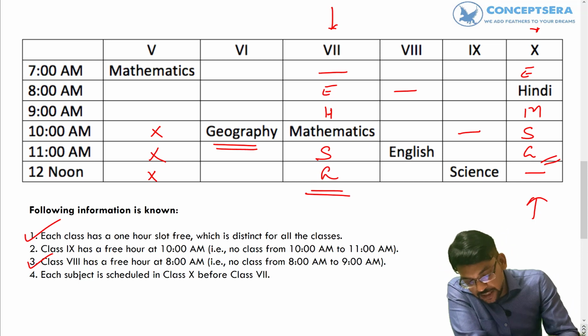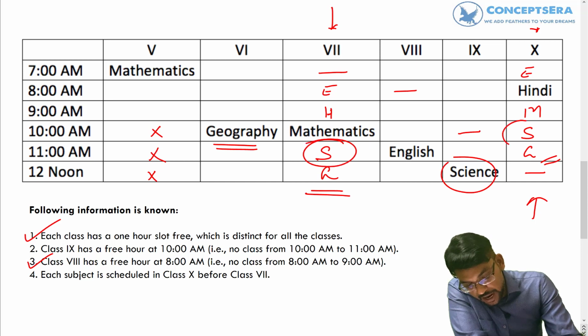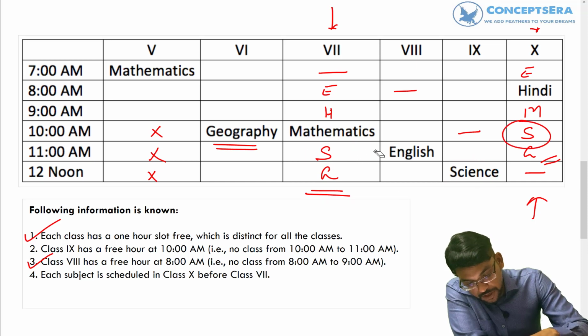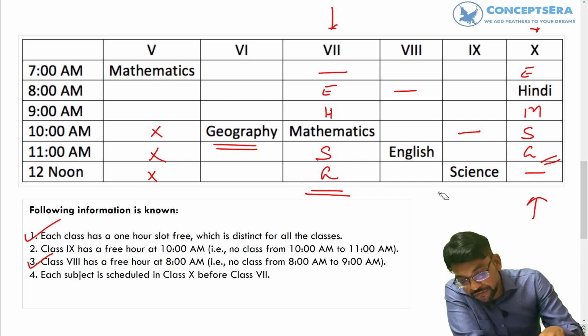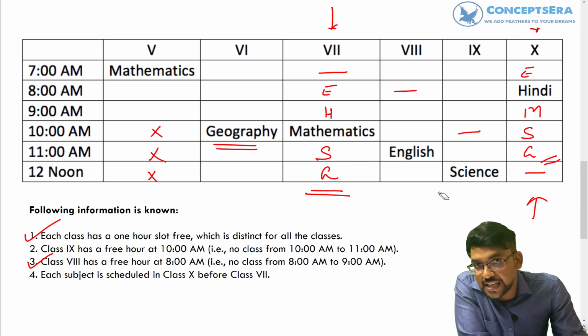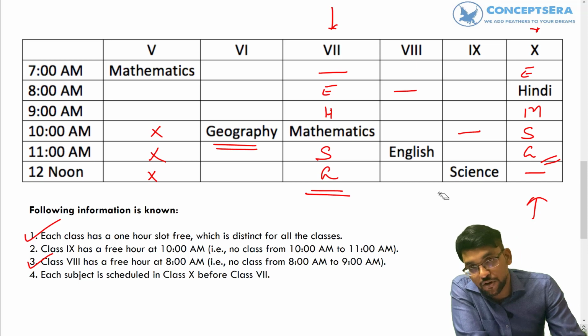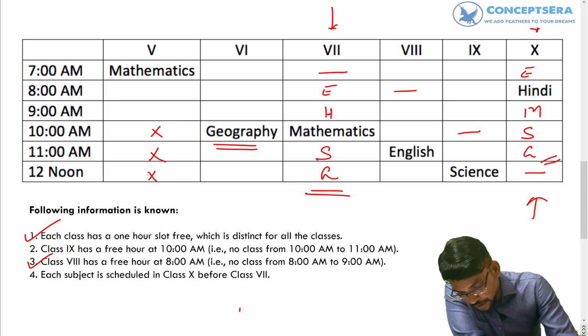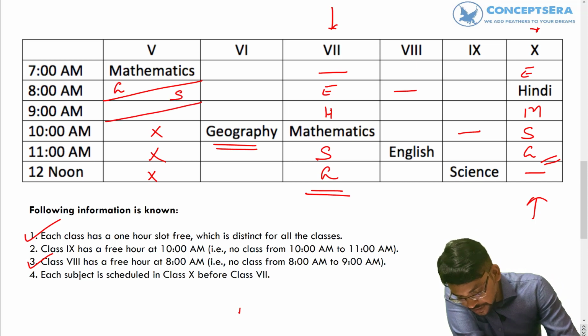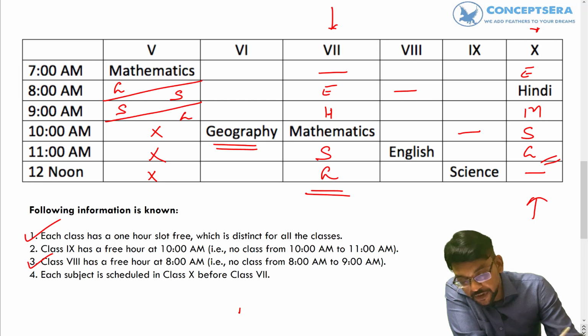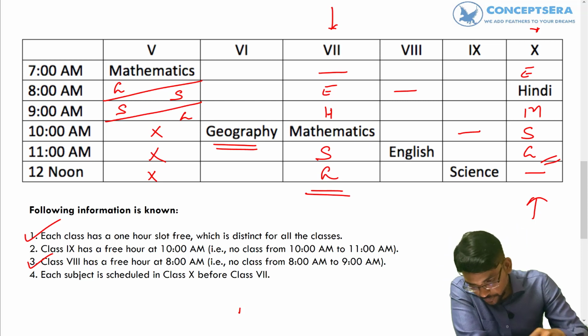Similarly, science also cannot happen because science is happening at these three positions. So for 5th class, geography and science are supposed to happen either at 8 o'clock or at 9 o'clock, and we are not sure about it. So here we can write down, if geography is happening here, then science will be here, and if science is here, then geography will be here, and we are not sure about it.